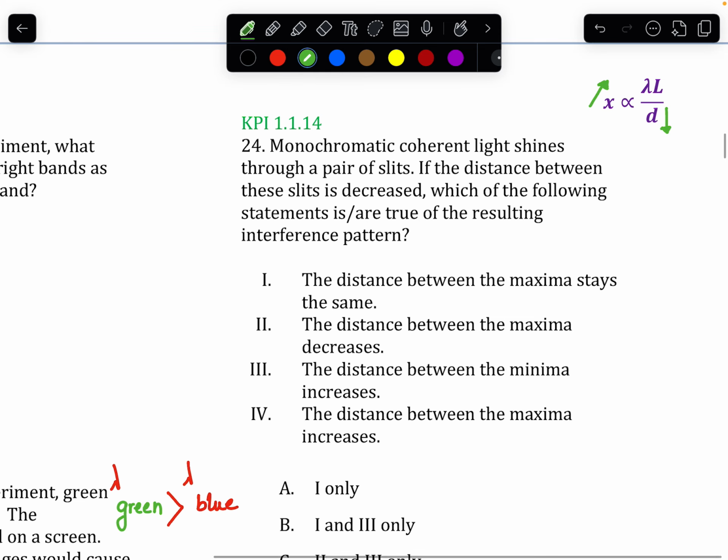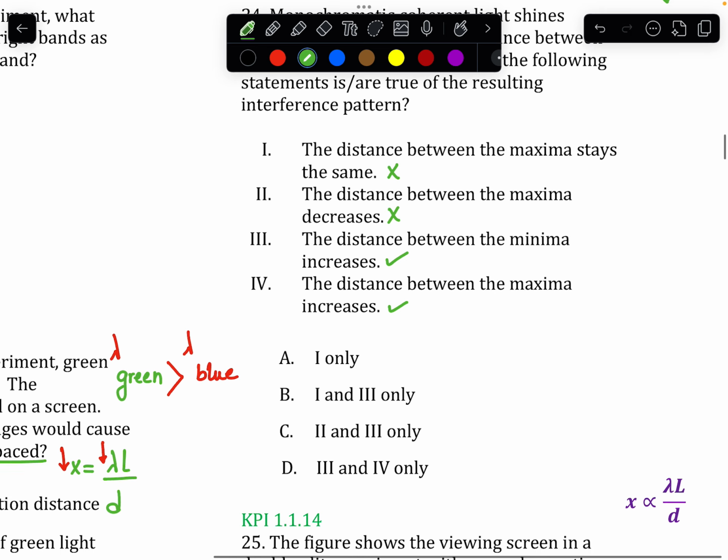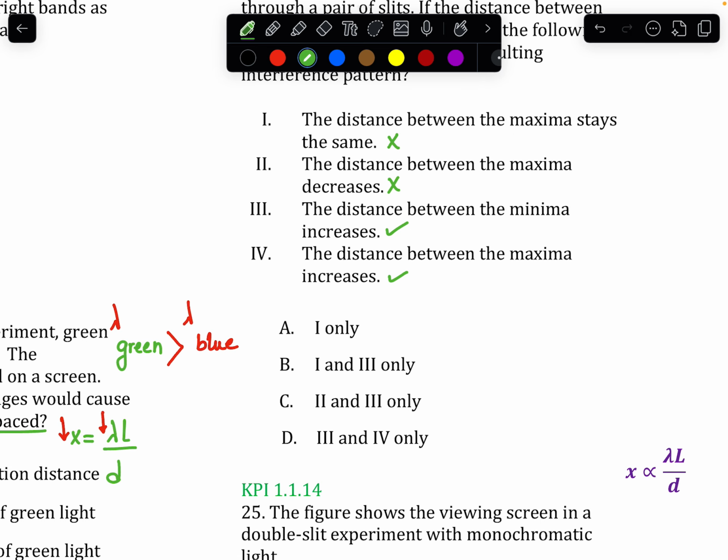Distance between maxima stays the same, that's not correct. Distance between maxima decreases, not correct. The distance between minima increases and the distance between maxima increases. Minima means dark fringes, maxima means the bright fringes, so they just get wider.